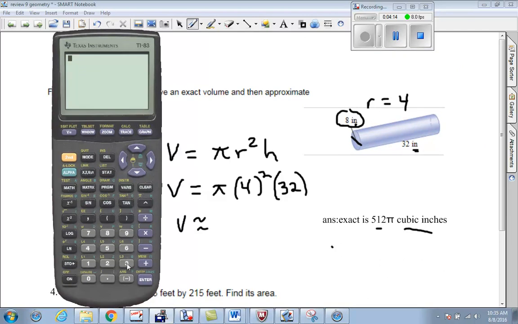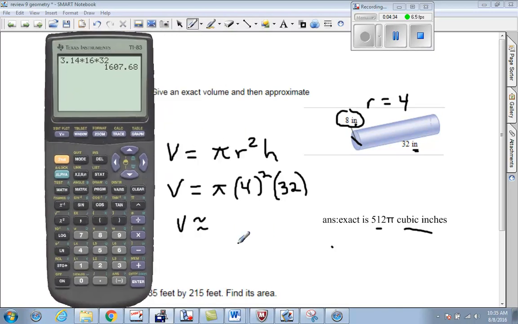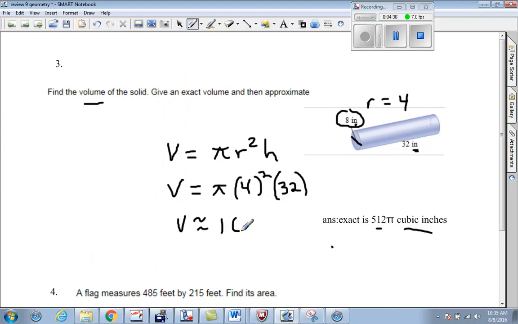Let's use 3.14 as pi, and 4 squared is 16, so times 16, and then times 32. So we're getting approximately, I'm going to round to the nearest whole number, 1608. It doesn't say what to round to, so we'll go with 1608 inches cubed.